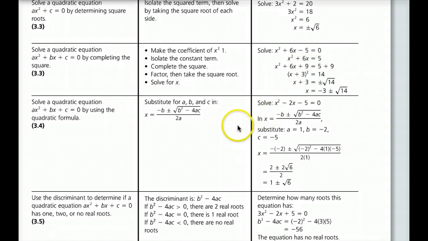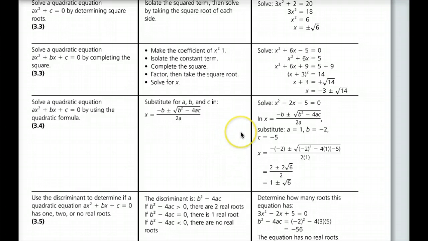For example, the first thing you do is divide by a on both sides. So you change it into x squared plus b over a times x plus c over a equals 0. And then you make up the third term and complete the square, right?